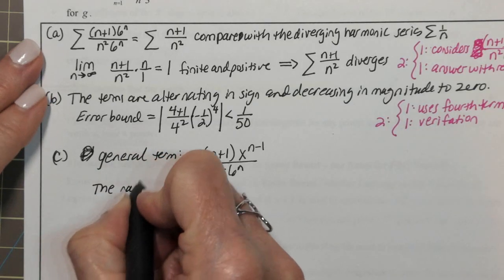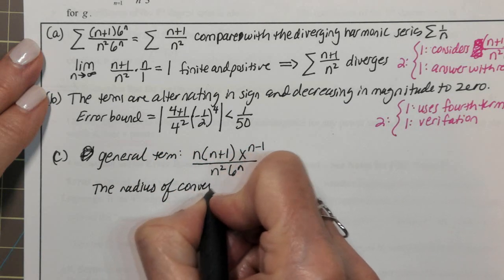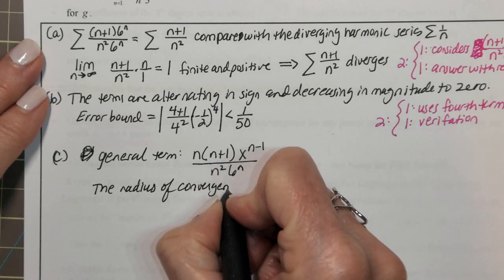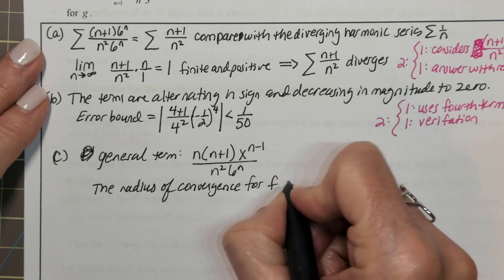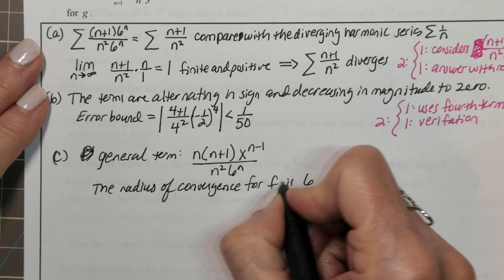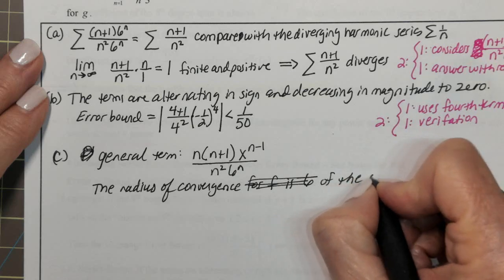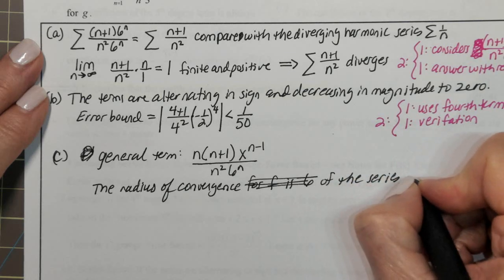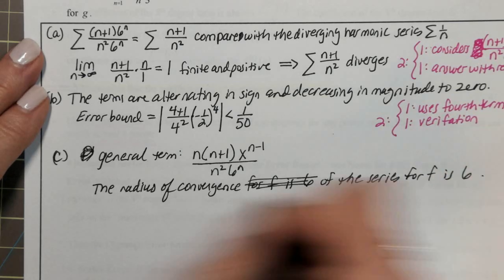The radius of convergence for f is, of the series for f, is 6.